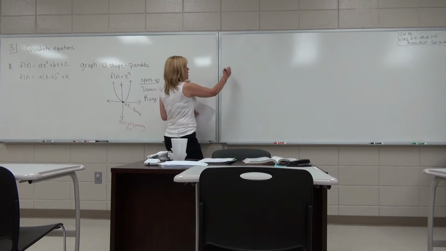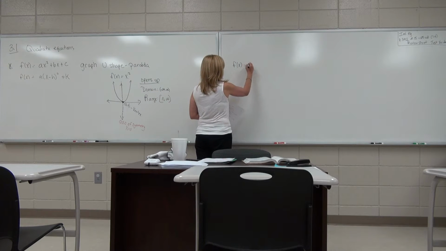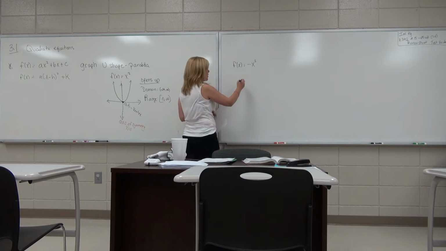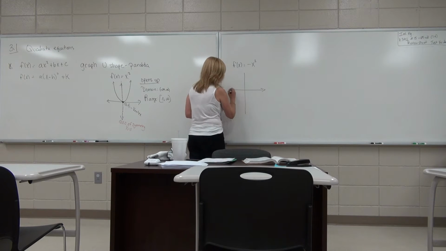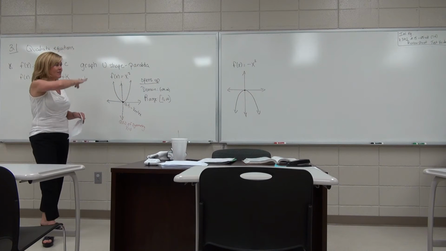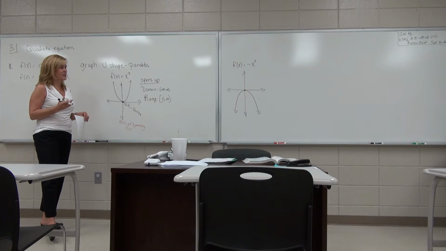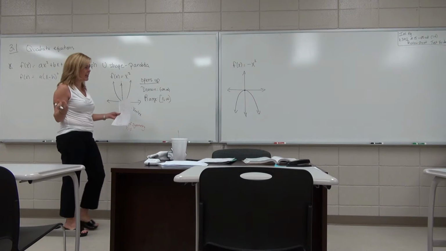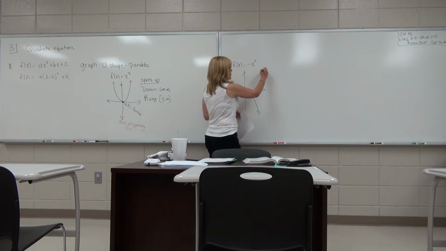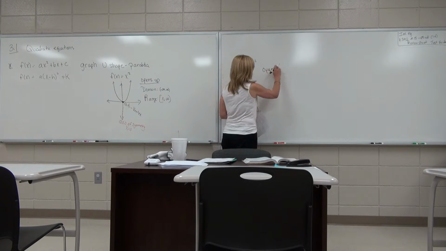Now, you could also have a quadratic function that opens down. If you have a negative in front of your x squared term, that means your U will open downward. That would be the graph of this one. That negative in front means that it flips your graph over the x-axis. Or reflects it, it's another terminology. We'll just say it flips it. So you would say that this one opens down.